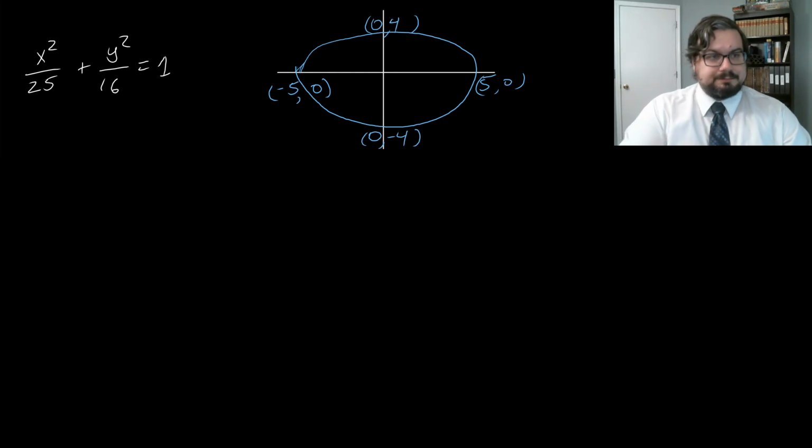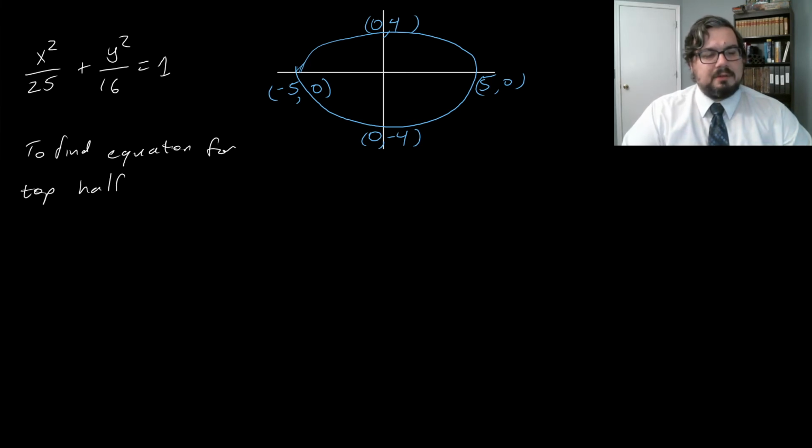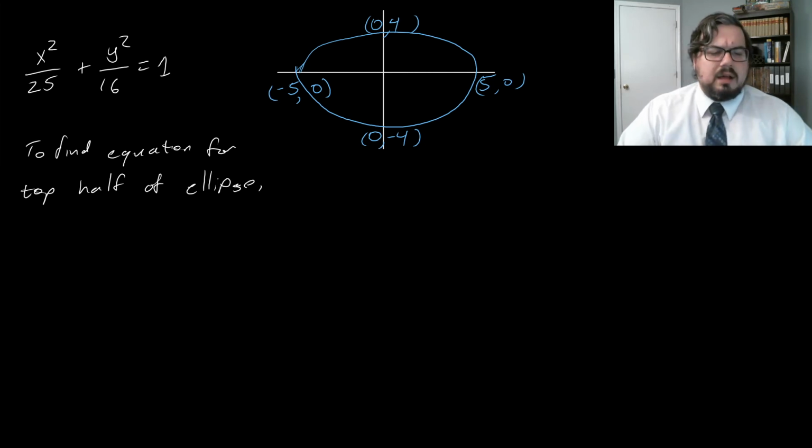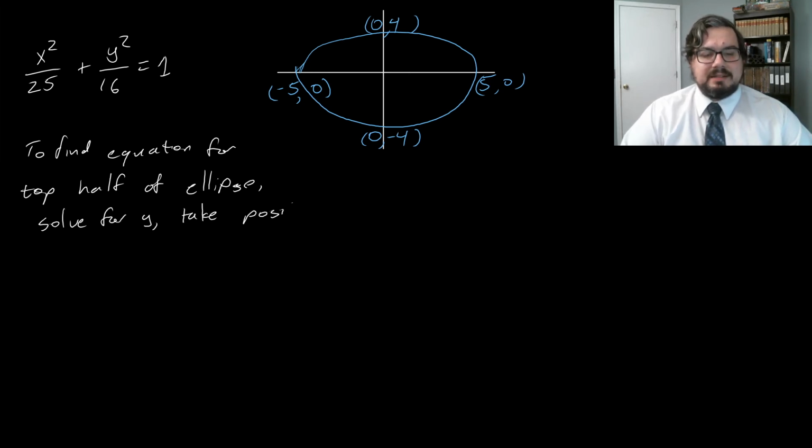So, to find an equation for the top half of the ellipse, pardon me, what we're going to do is solve for y and then take the positive square root. Let's see how that goes.